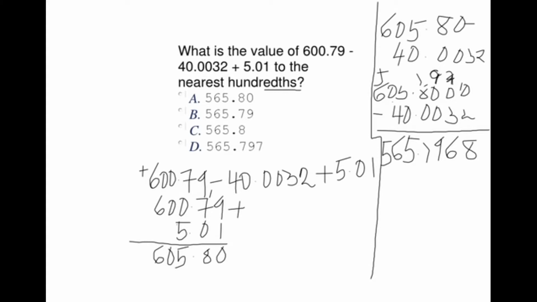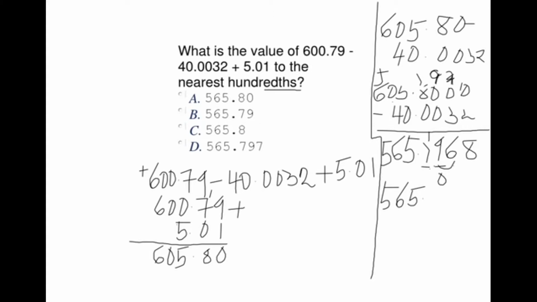And we are told to the nearest hundredth. So we have 565 points. This is tenths, this is hundredths. Then we look at the next number, which is more than 5. So we add 1. This will be 0, 0, because 9 plus 1 is 10.